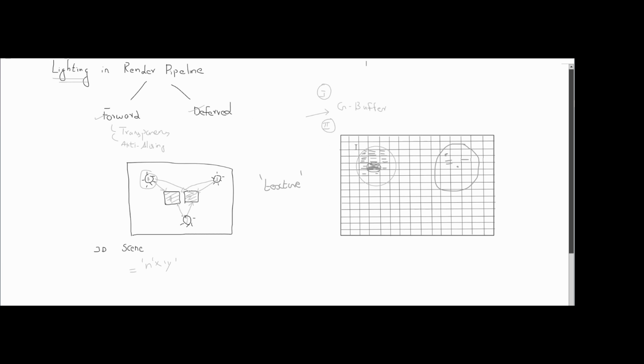But the deferred approach is efficient when there are more objects, because in this calculation it doesn't care about the objects, only about the lights and the screen size. But the problem with deferred rendering is that we cannot calculate transparency and anti-aliasing. It is difficult or not that good in the case of deferred rendering.